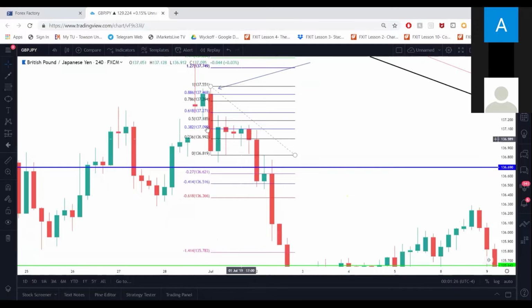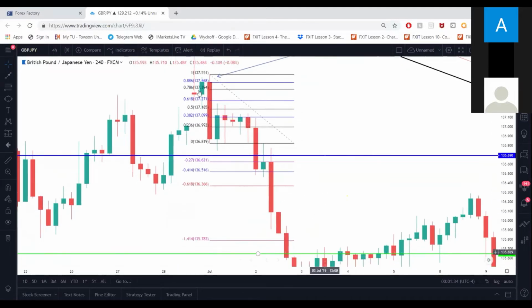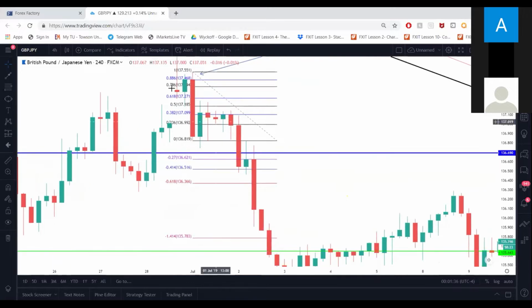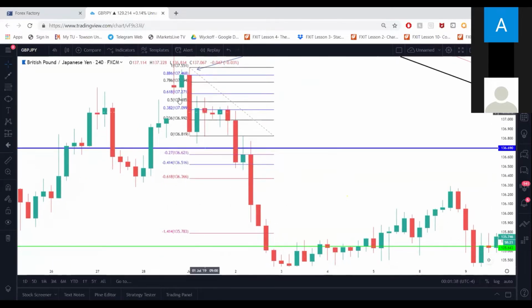In some instances where you get a retrace of only about 23.6 or 38.2, that is a heavy, heavy trend, right? That means this is going to keep dropping like crazy, because the selling pressure is so big that the buyers cannot even push this to a 50 or 61.8 retrace.